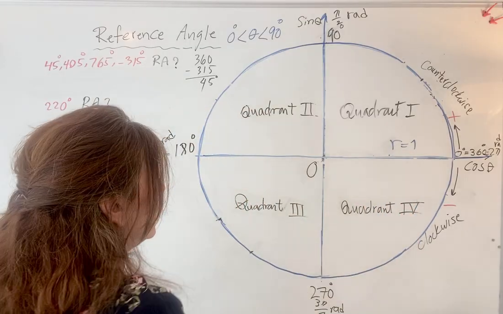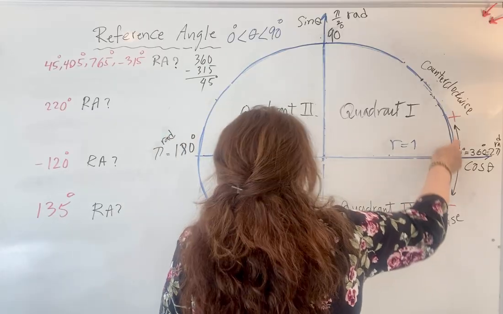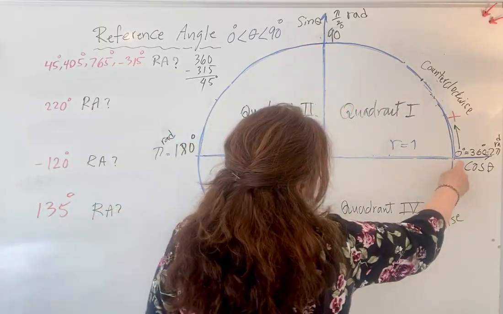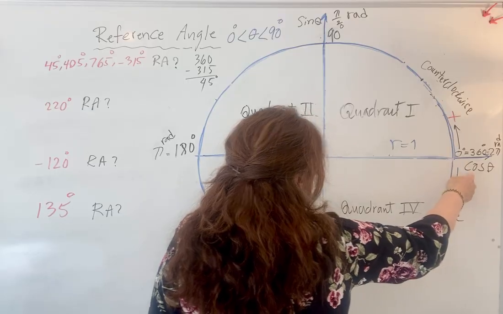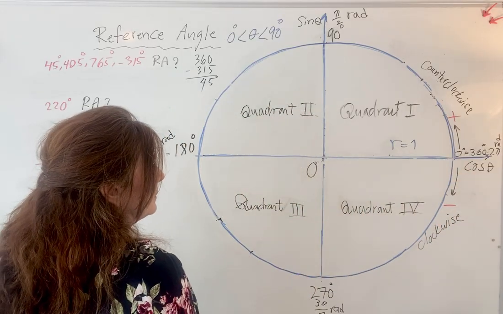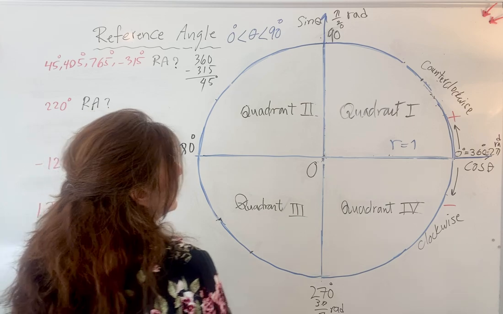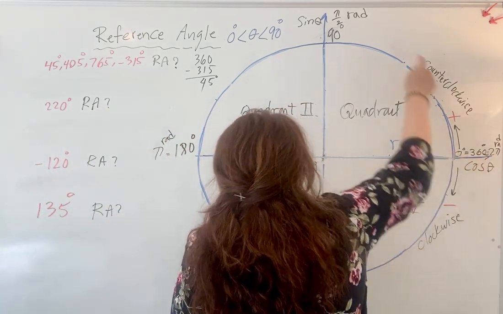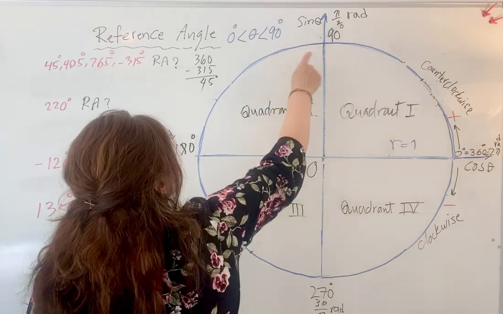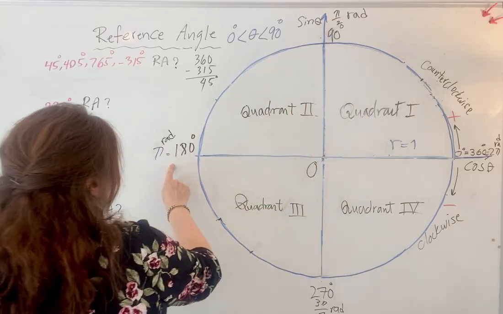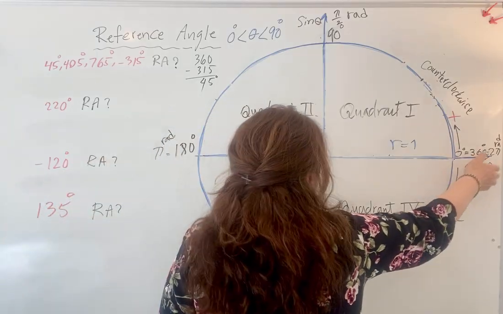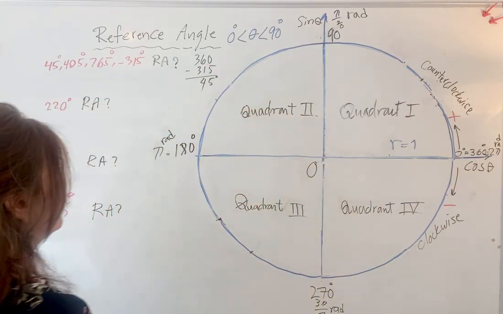It starts from 0 to 90 degrees, 180 degrees, 270 degrees, again to 360 degrees. And in another measurement like radians, this is 0 radians, pi over 2 radians, pi radians, and 3 pi over 2 radians, 2 pi, and again, a different rotation.